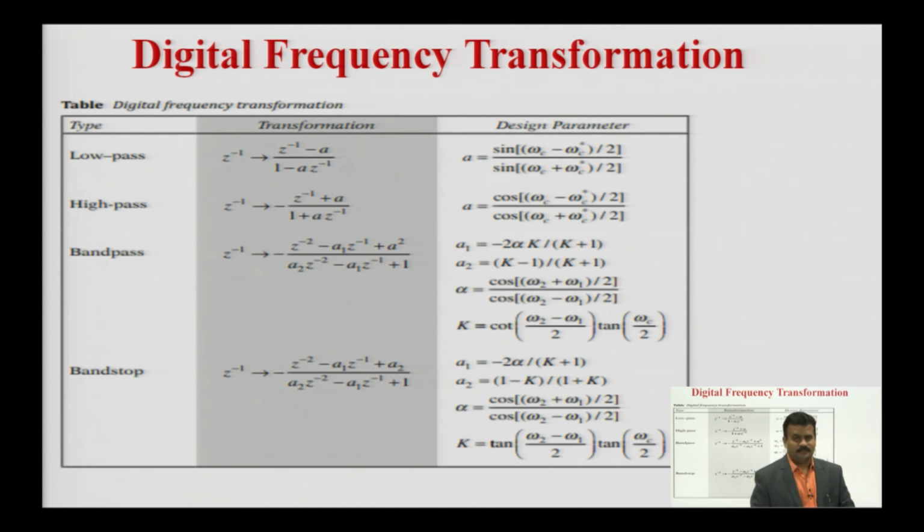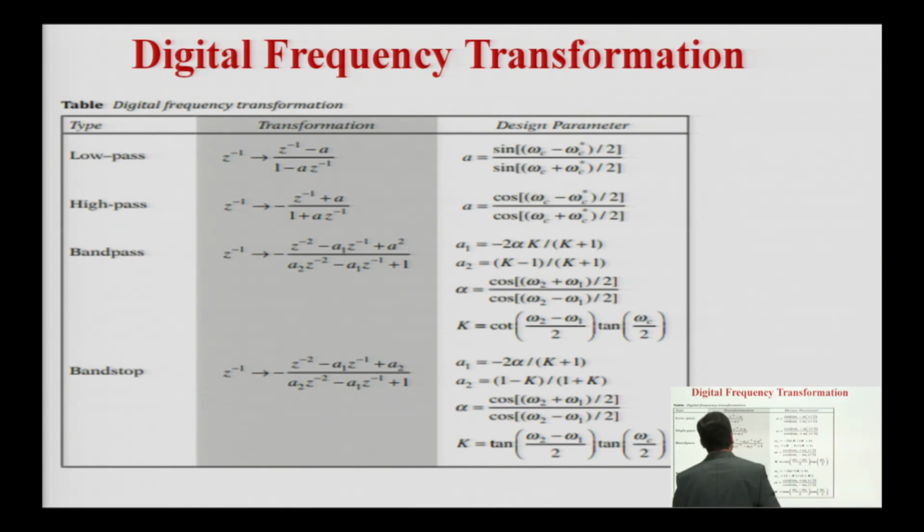But if you want to design a high pass, band stop or another type of filter, then you only have to transform here, because the initial conditions you know. You do not need a separate method for designing high pass, band pass and other types of filters. So, that was the analog frequency transformation.